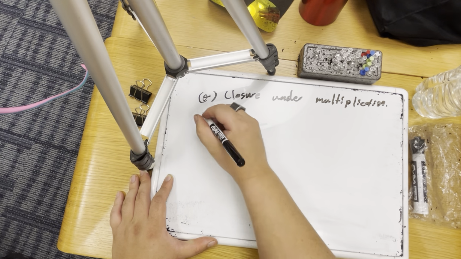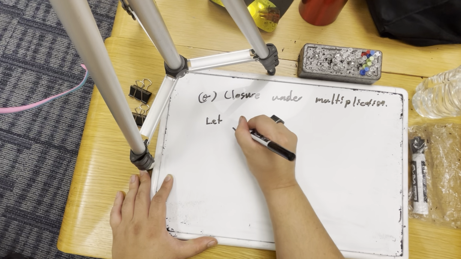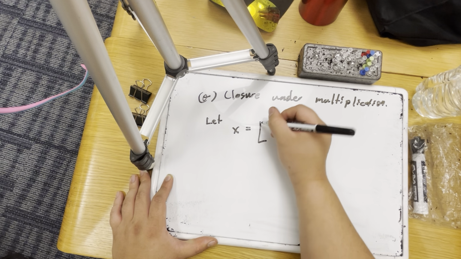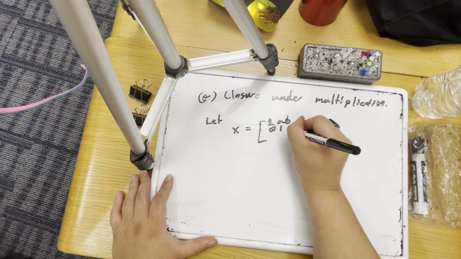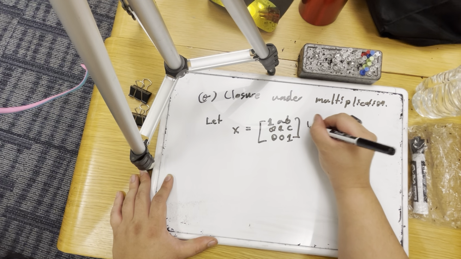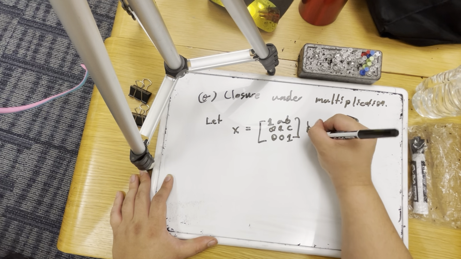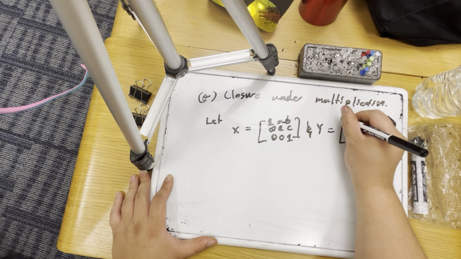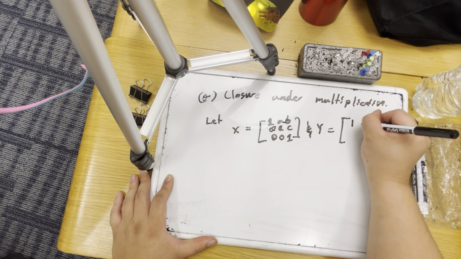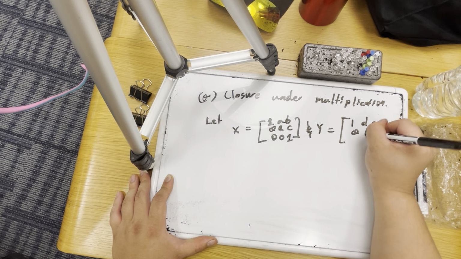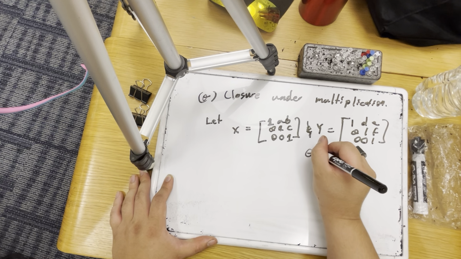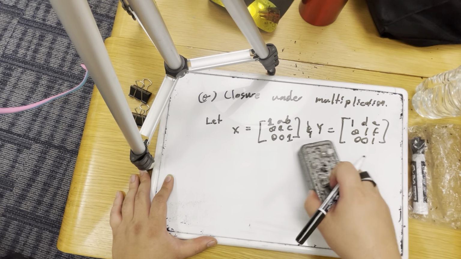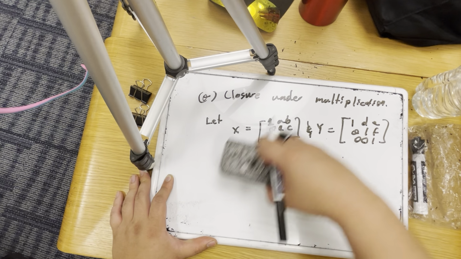So let X equal what it was, which is 1, A, B, 0, 1, C, 0, 0, 1, and Y equal what we stated it was, which was 1, D, E, 0, 1, F, 0, 0, 1. Both of those are contained. Whoops. Almost went into the automatic thing of habit there.